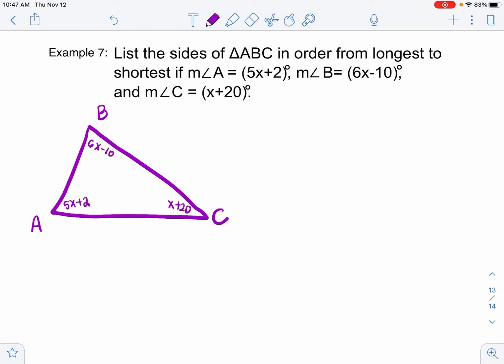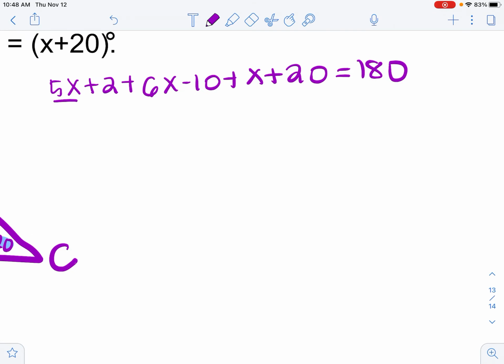All right, so first thing I have to do is find a way to solve for x. If you notice, you have all 3 angles. So if we have all 3 angles, we can always find out what they are. So we're going to add them up. 5x plus 2 plus 6x minus 10 plus x plus 20 equals 180. And then we're going to combine like terms.